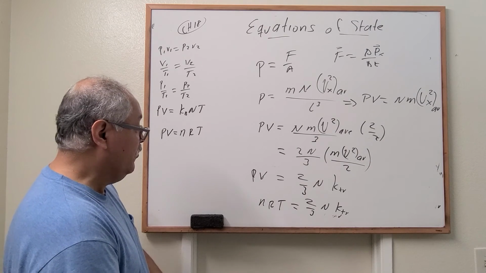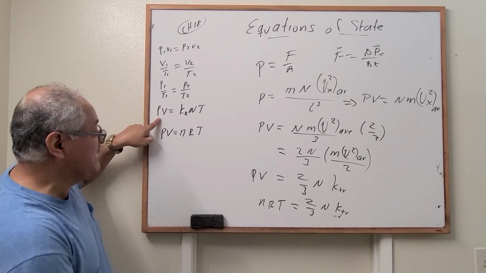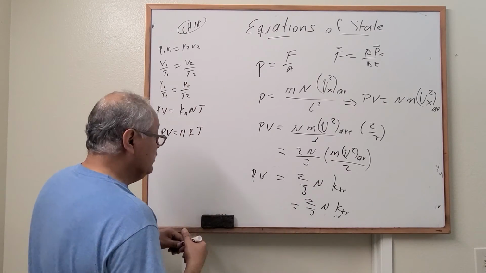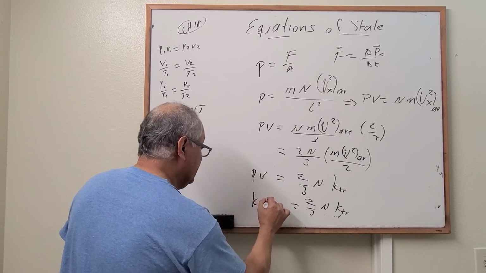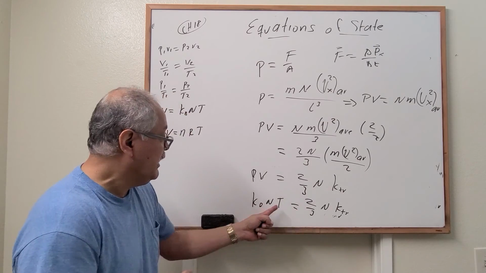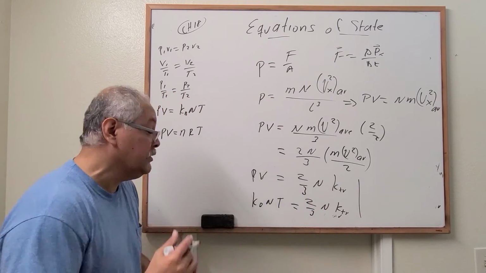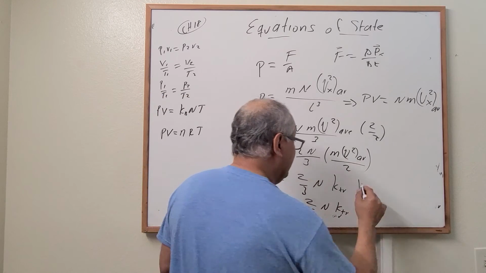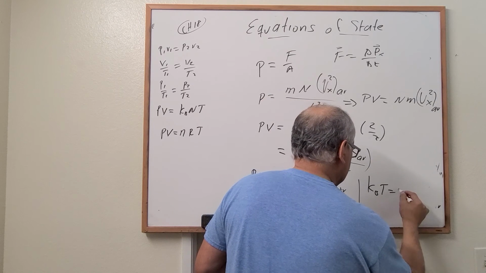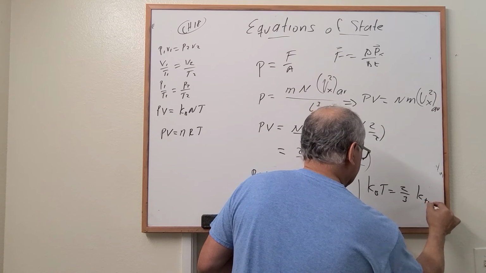Before that, we want to eliminate n, so we can use the Boltzmann constant times N times temperature. In this case, we are canceling the number of particles, atoms, or molecules. So from here we find that the Boltzmann constant times the absolute temperature is equal to 2/3 of the translational kinetic energy.